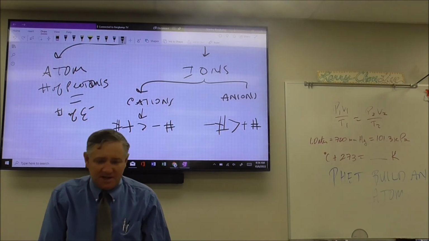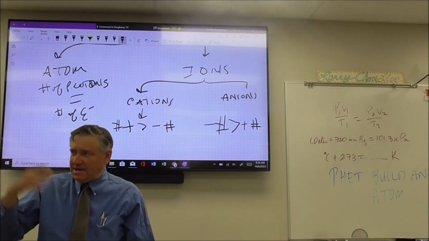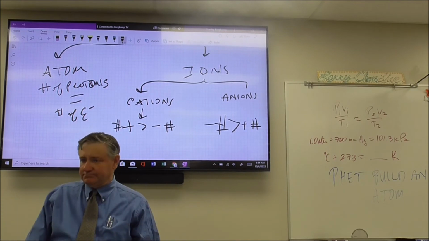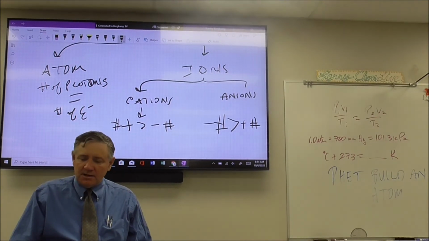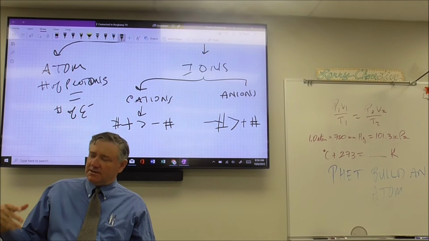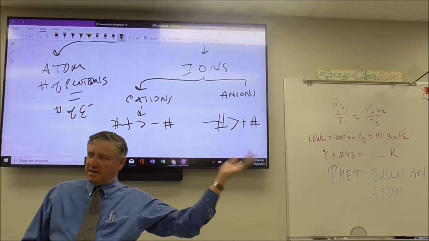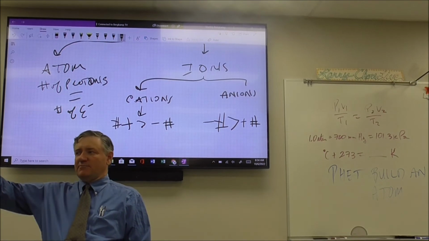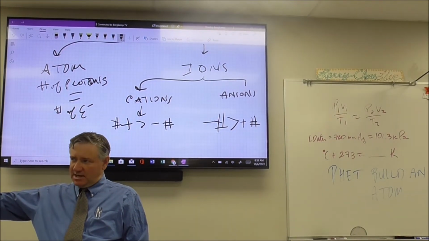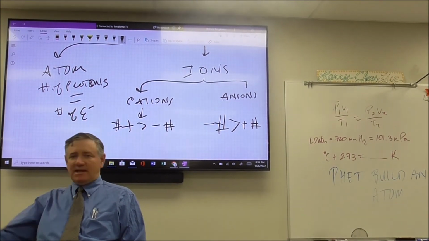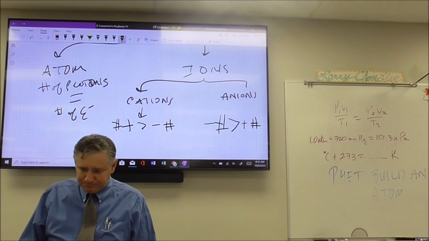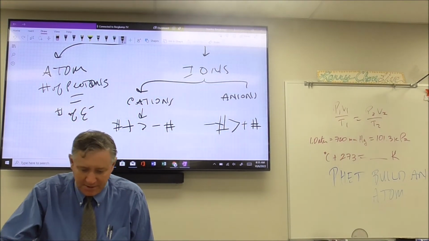Literally, everything that we're going to talk about is either going to be an atom or an ion. That's it. If it's an ion, you have one of two situations. You have more electrons than protons, that has a negative charge. If you have more protons than electrons, it's a cation. Okay? That's it. So, there you go.